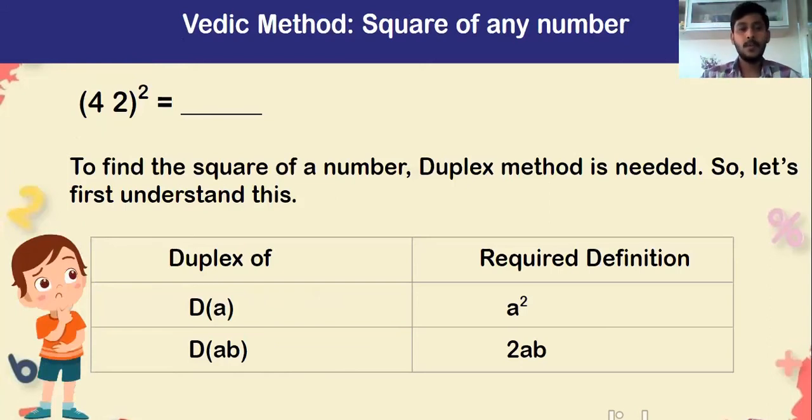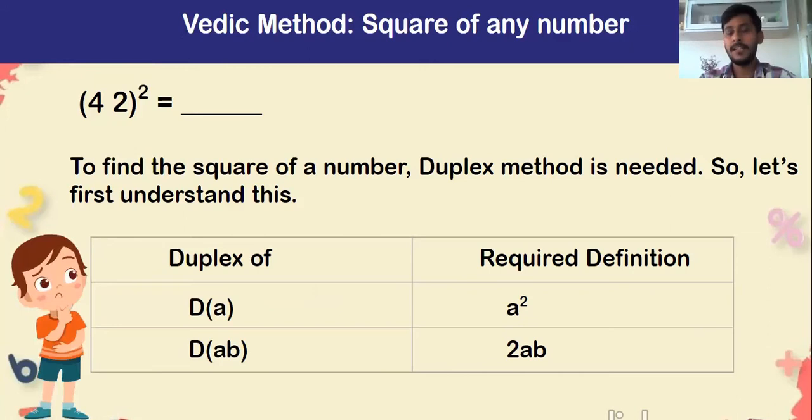Now we will look at another method, that is the duplex method. Here in the duplex method we will give variables to the number. For the tens place number we will give the variable a, and for the unit place number the variable b. First of all we will find the duplex of a, and we find it by squaring itself.